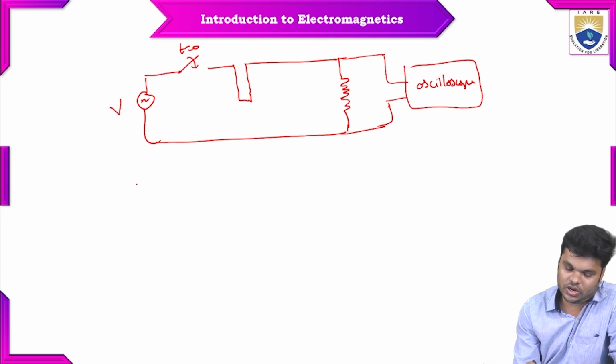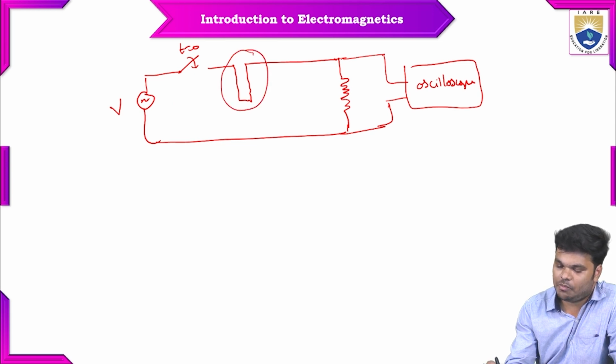Suppose this is the voltage of the source. As we keep increasing the frequency of the source, this wire causes the voltage drop across the resistor to go to 0.